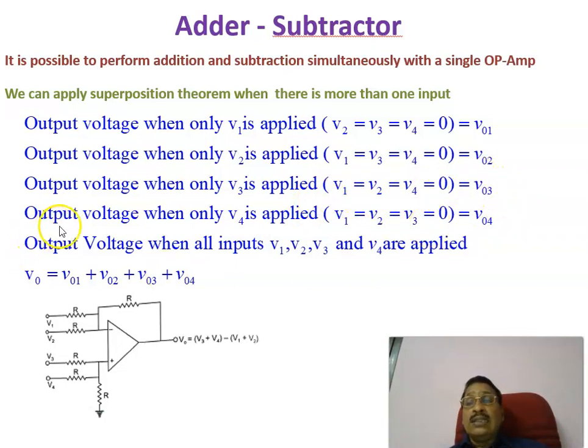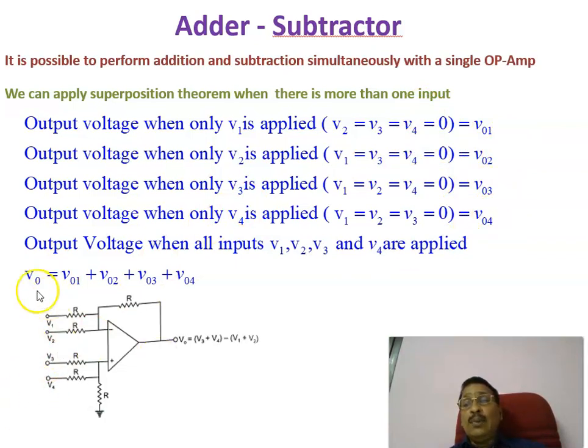And the fourth case is that only V4, the fourth input, is applied and all others are grounded, so V1 equal to V2 equal to V3 equal to 0, and the corresponding output equals V04. Therefore, these are the outputs when only one of the inputs is applied and the remaining are grounded: V01, V02, V03 and V04.